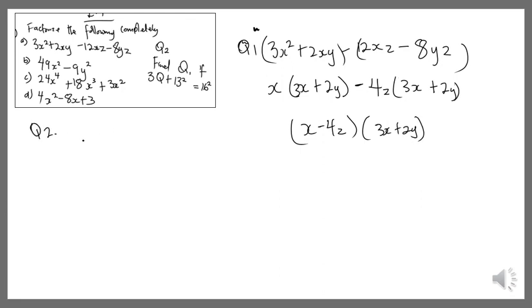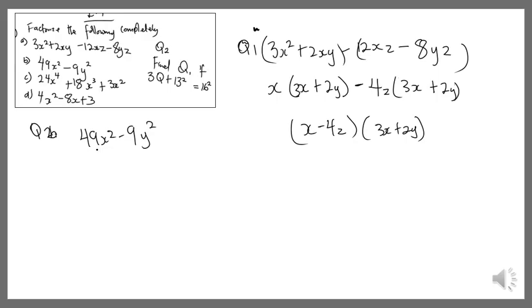So that is for question 1. And for question 2, what do we have? We have a difference of two squares situation, the b. We have 49x squared minus 9y squared. So what are we going to ask ourselves? We are going to ask ourselves, what is the root of 49 and then 9, and we are going to square those roots.